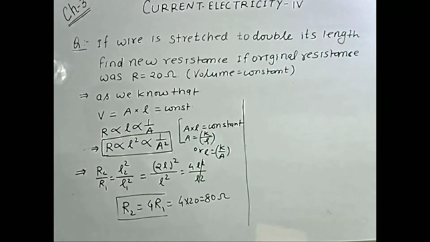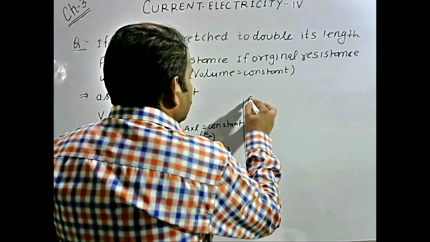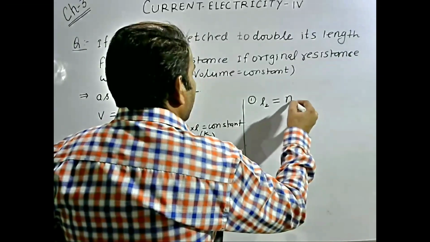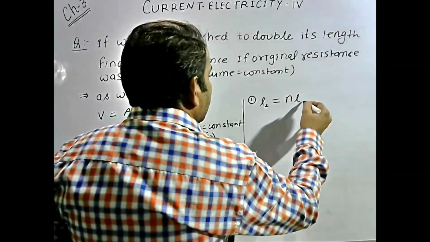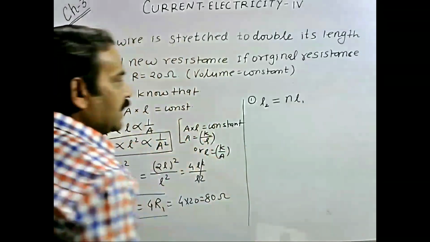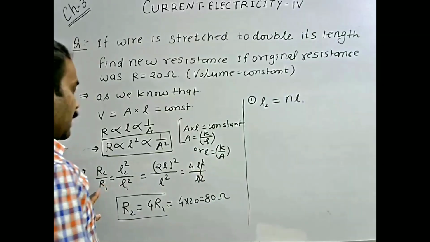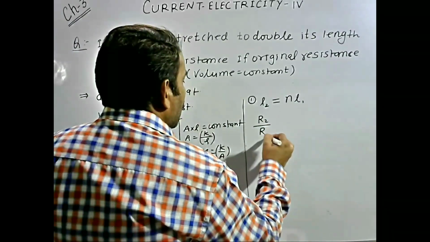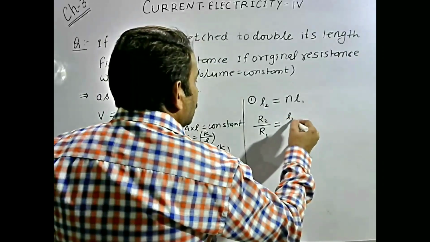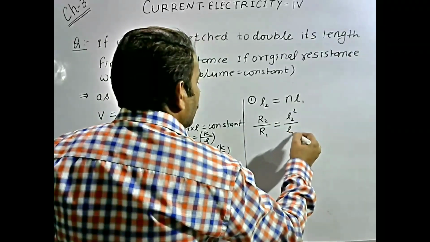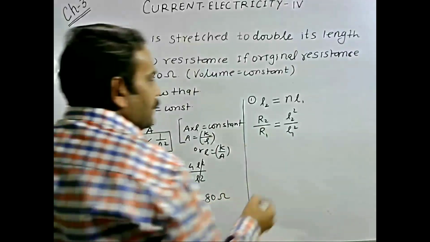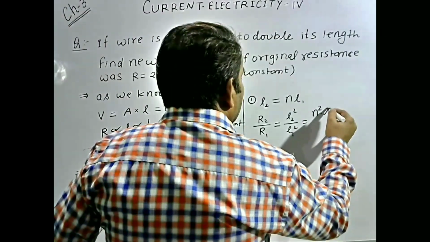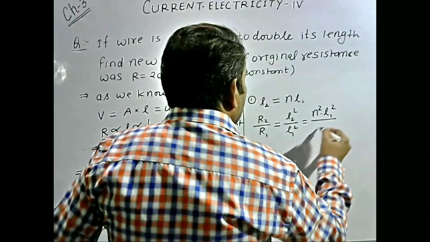So if a condition is given, suppose first the length of the conductor increases by n times its original length. Clear? Now as we know that R2 upon R1 equal to L2 square upon L1 square, so you can put here L2 means n square L1 square upon L1 square.